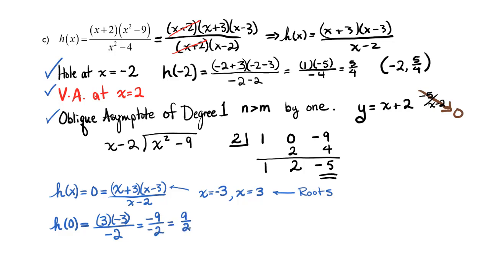So the coordinate points we have for roots are (-3, 0) and (3, 0). And the coordinate point we have for the y-intercept is just (0, 9/2).